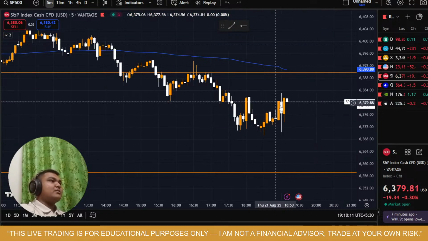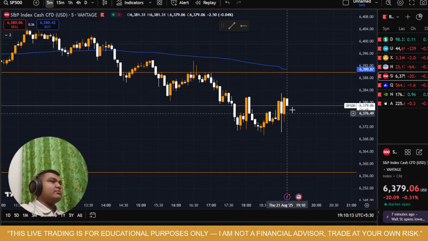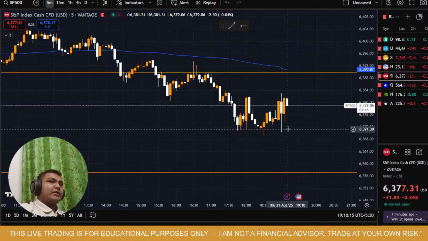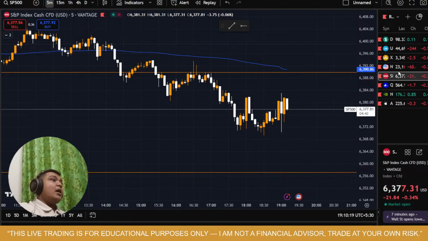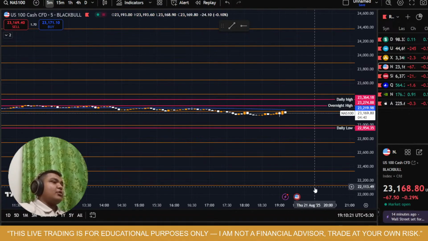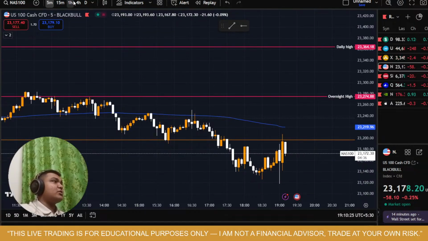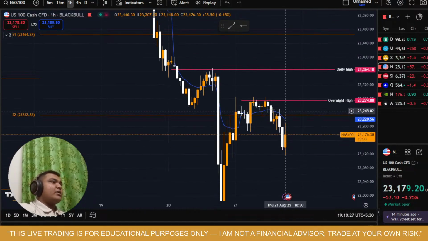Yes, it's still chopped. It is not in movement. It's just chopping for a while. It can also have some issue because of yesterday's drop. Yesterday the market just dropped 400 points on the open. You can see this candle.